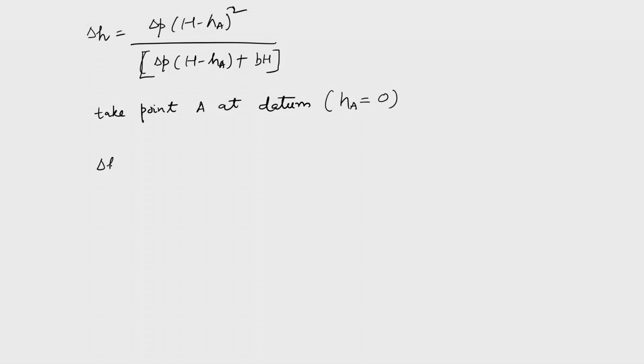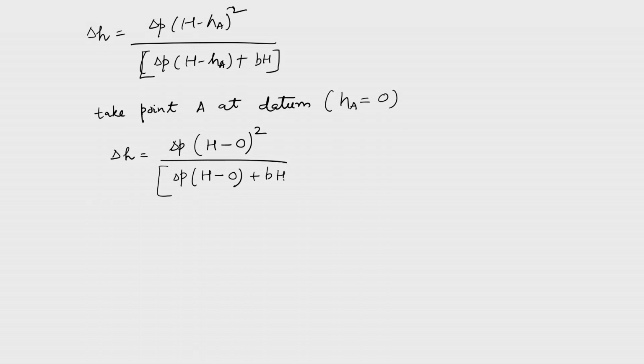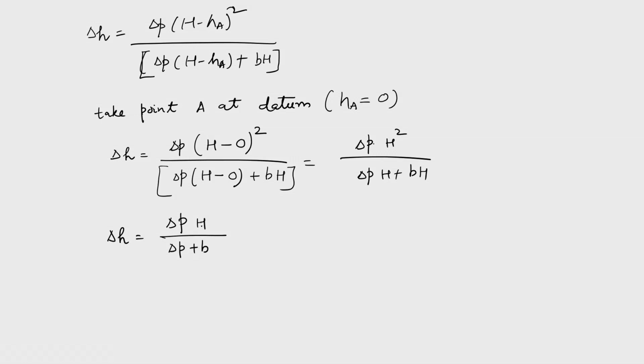So, now I can write delta h equals, let us say, delta P into (H minus HA, which is 0) whole square, divided by delta P into (H minus 0) plus B into H, or it is nothing but delta P H square over delta P H plus B H. Now you can find out a very simple term: we are cancelling H with H, and so I get this term.